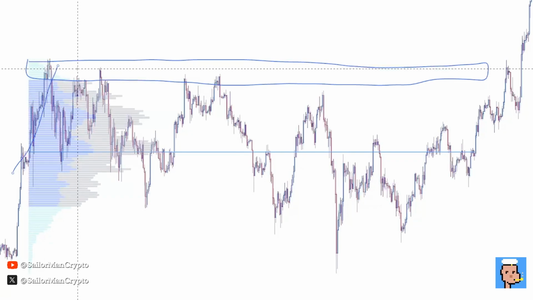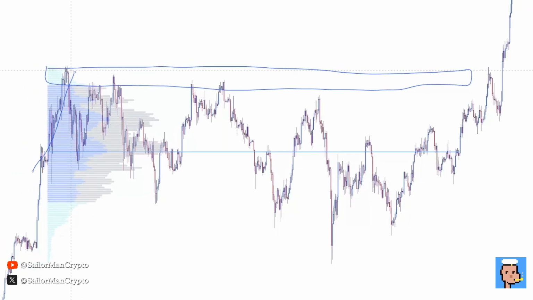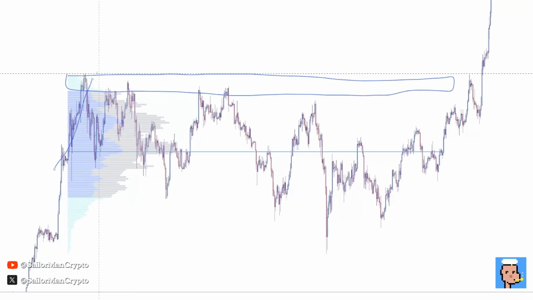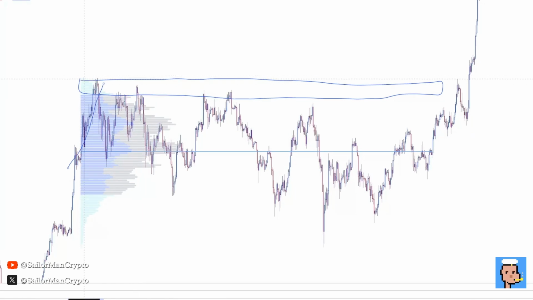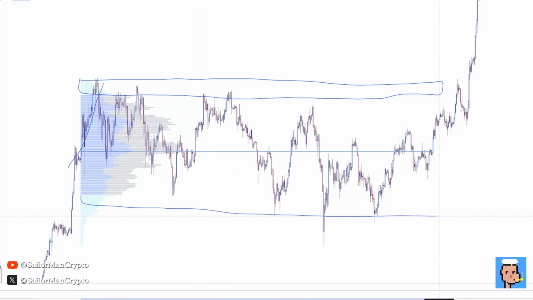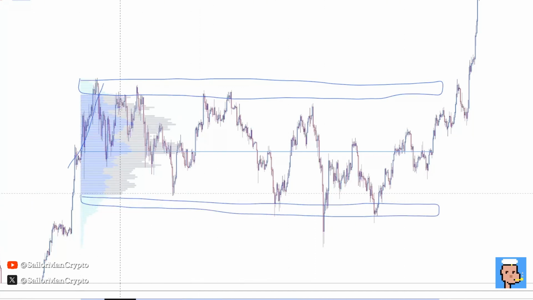Long positions potentially take profit, shorts are opening, because everybody believes that this level, the price of the asset, in this case Bitcoin, is too expensive. The opposite applies at the lower level. In a range, there is an agreement that at this level, the price of the asset is at a discount, so it is cheap.